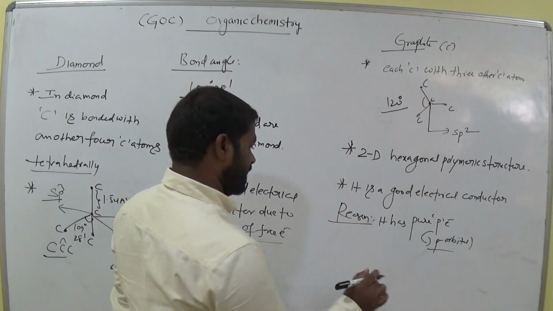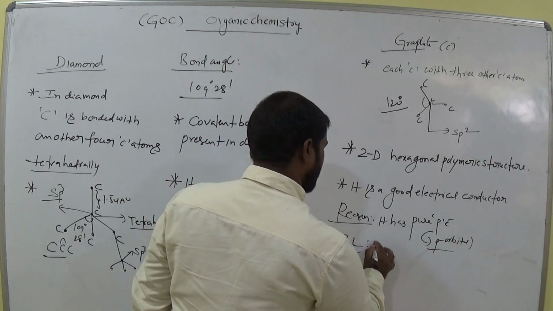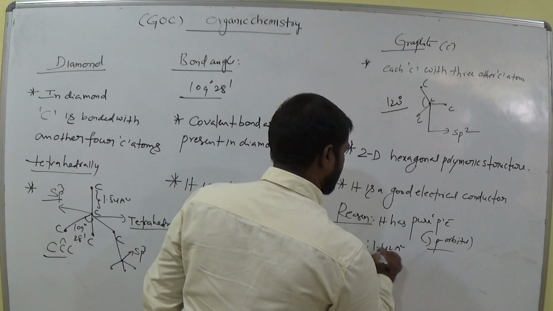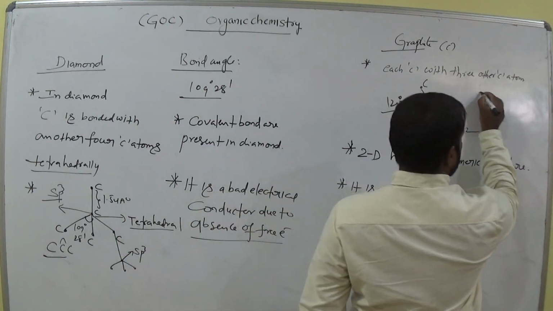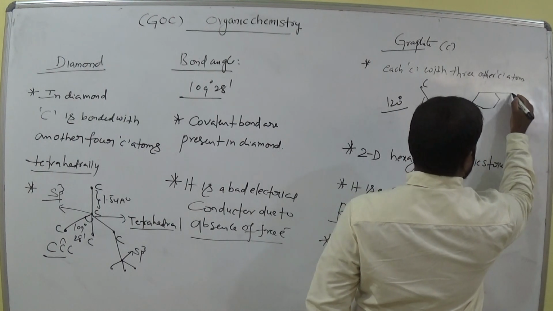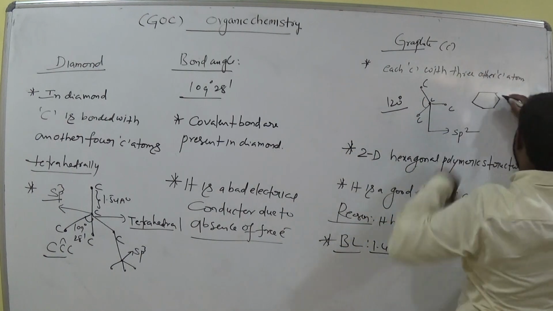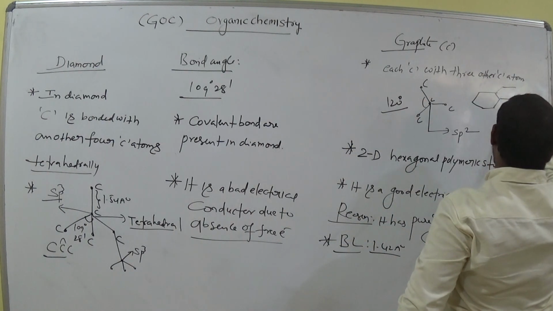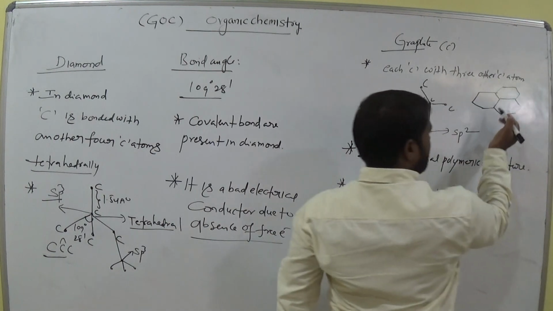The bond length is 1.42 angstroms. Hexagonal means this is the structure. A hexagon, how many corners does it have? 6. Hexagon means like this.